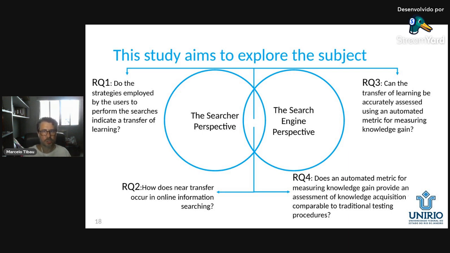A third research question concerns the possibility of using an automated metric for measuring knowledge gain to assess transfer of learning. And a fourth research question concerns the comparison between a knowledge gain metric and a traditional transfer of learning measurement procedure.